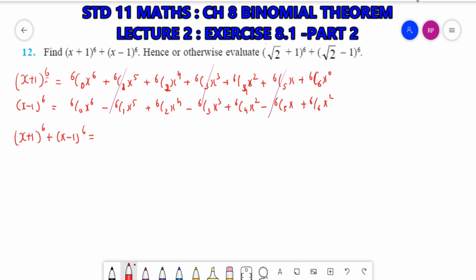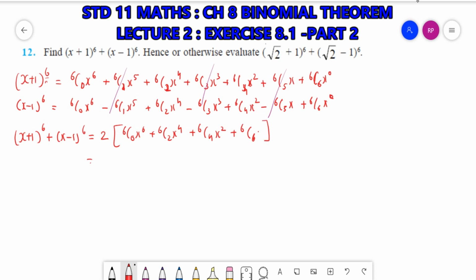So for all the others, it will be twice 6c0 x raised to 6, 6c2 x raised to 4, 6c4 x square, 6c6 x raised to 0. Okay, so x raised to 0, it will be 1.